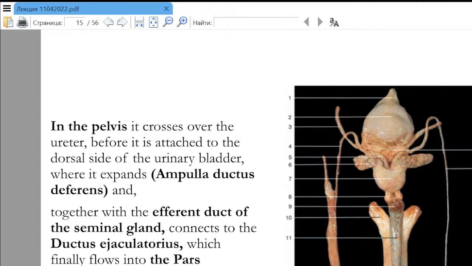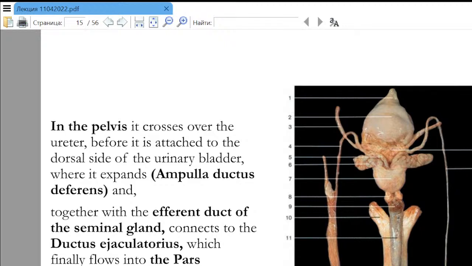Together with the efferent duct of the seminal gland, it connects to the ductus ejaculatorius, which finally flows into the pars prostatica.